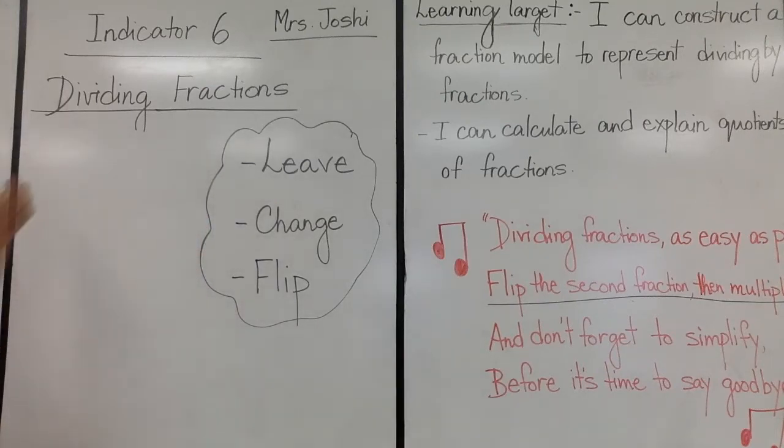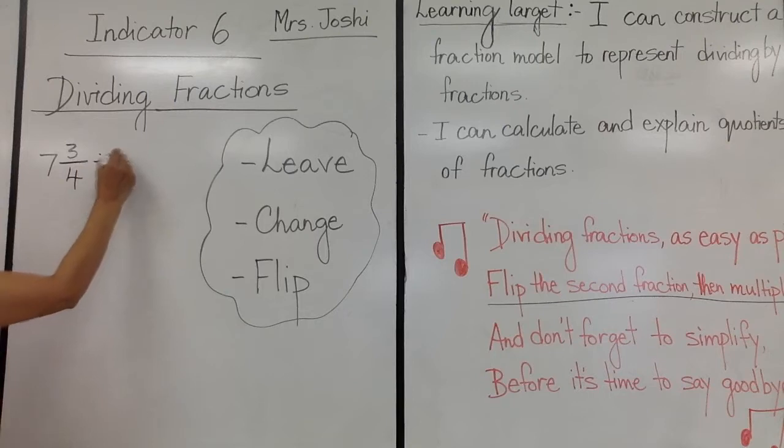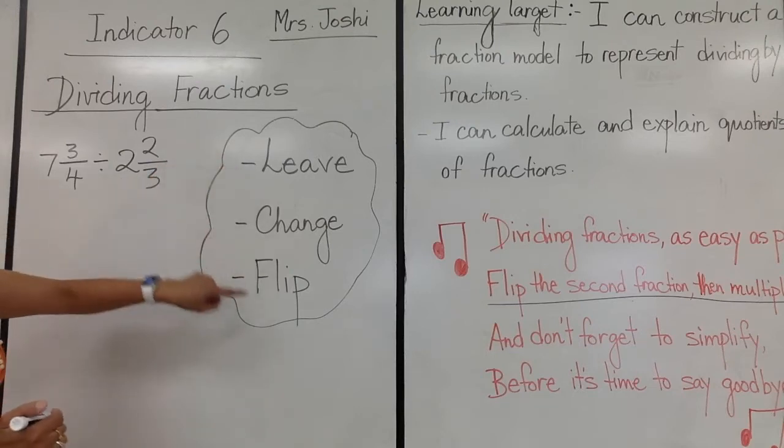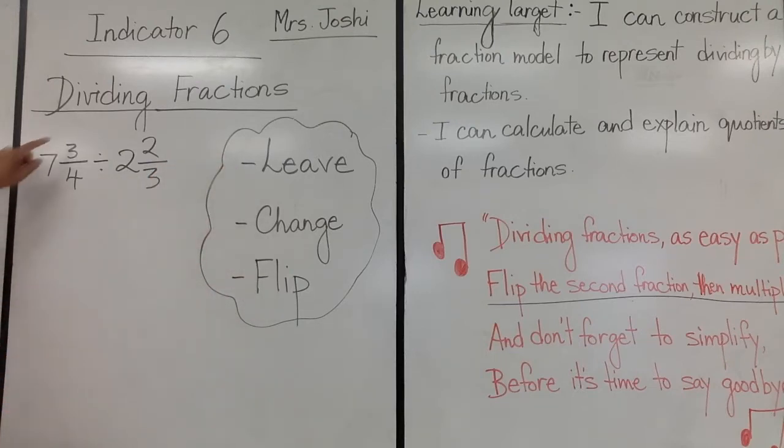All right, so if I have 7 3/4 divided by 2 2/3. All right, so once again, please remember, when you have mixed numbers, it is crucial for you to remember what you are supposed to do first before the leave, change, flip. You are to convert these to improper fractions.